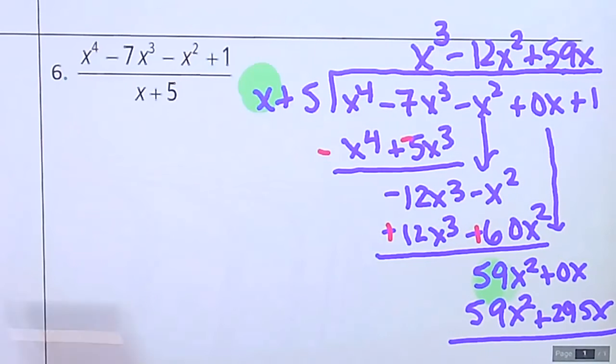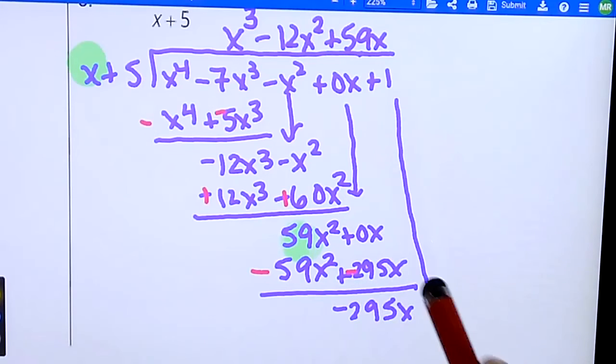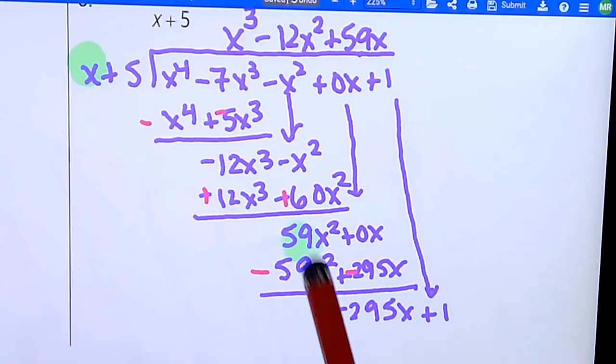And then I'm going to subtract. So this is a negative, this is a negative. And so this is going to cancel out, and here I'm going to get a negative 295x, and then I'm going to bring down my plus 1, and again I'm going to focus on my x into my negative 295x.